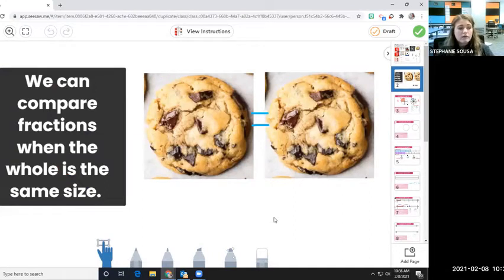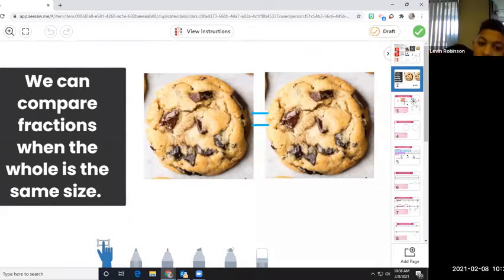When we compare fractions, we have to make sure the whole is the same size. Why must we make sure the whole is the same size? Why is it not fair to compare a large cookie to a bite-sized cookie? Why must we make sure the whole is the same size? Because it's smaller. And why would that matter?